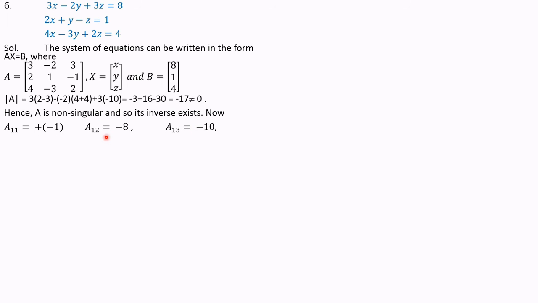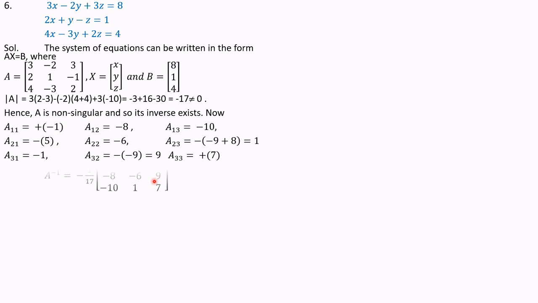Now we have to calculate the cofactors: A11 plus, and then A12 and A13 as minus 1, minus 8 and minus 10. And then A21 is minus 5, A22 is minus 6 and A23 is 1. And A31 is minus 1, A32 is plus 9 and A33 is plus 7. You please calculate in your books and verify the answer.